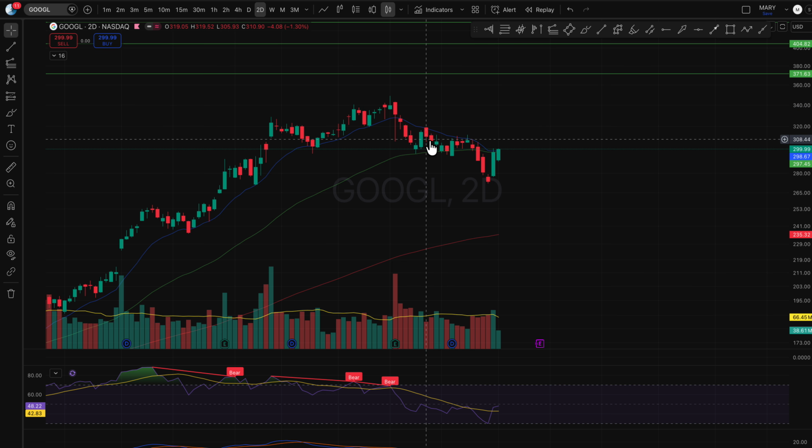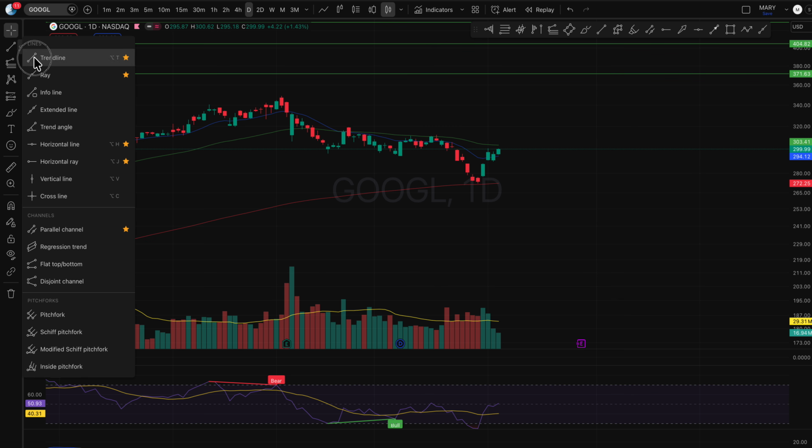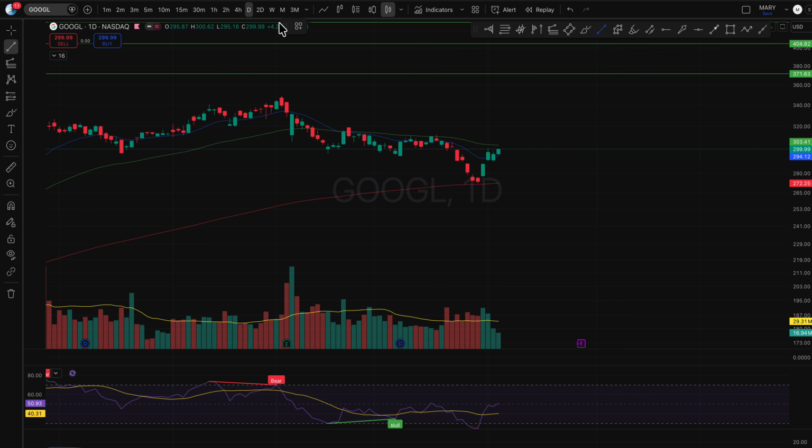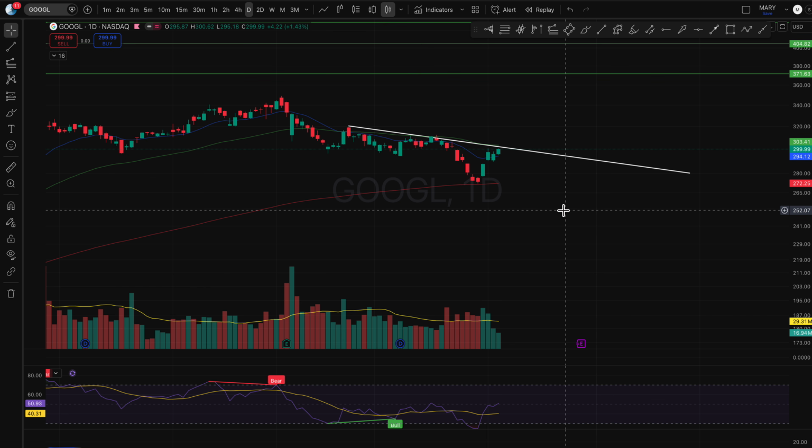We have 1, 2, 3, and we may see a possible reversal if this morning star confirms the move to the upside. Now let's take a look at your daily. I do like to draw a trend line for a possible change of structure. I do love trend lines, to use them as always.